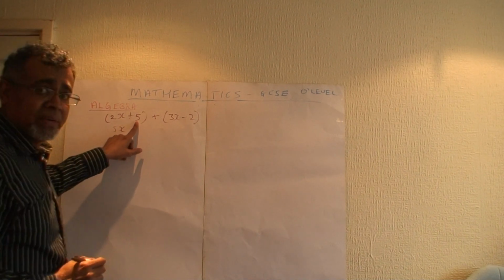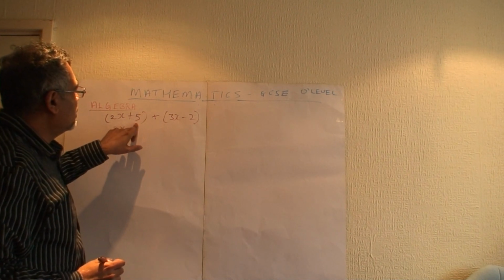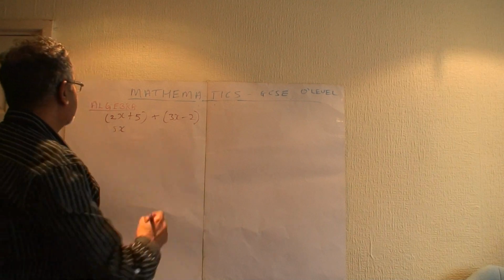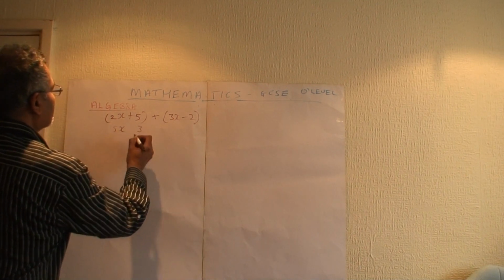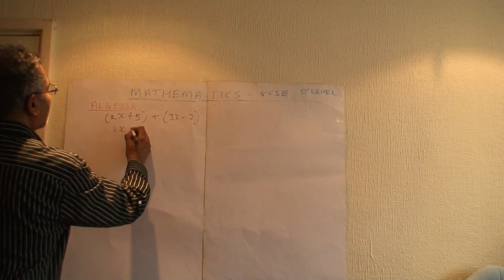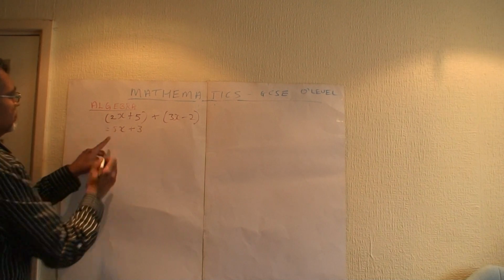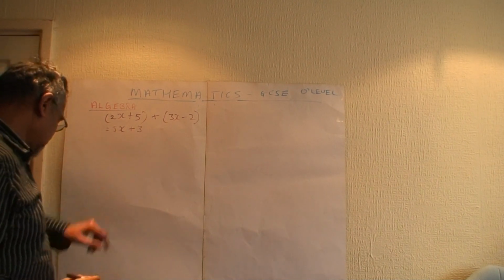Here we have 5 and minus 2. So 5 minus 2 is 3. All right, 5x plus 3.